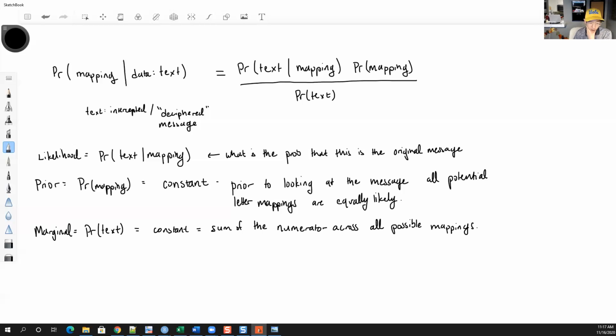And if we think about what are all possible mappings, our state space would be all possible cipher mappings. And what we have is 26 factorial possible mappings.